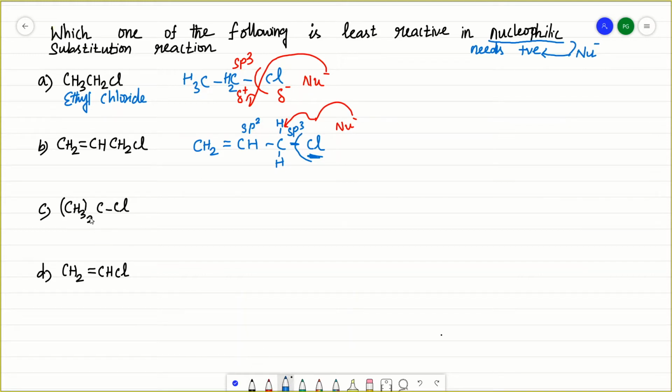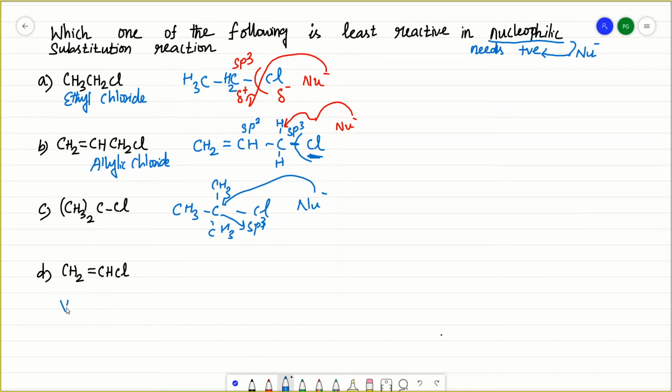And same in the case of tertiary chloride, this carbon is sp3 hybridized and a nucleophile can attack it.